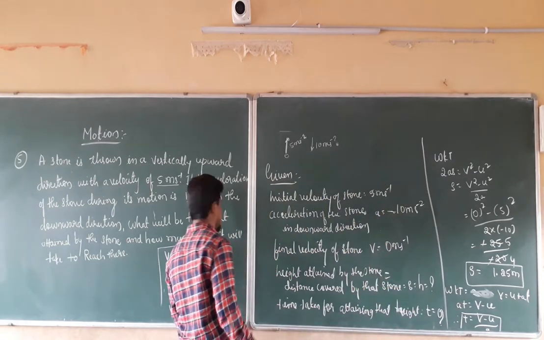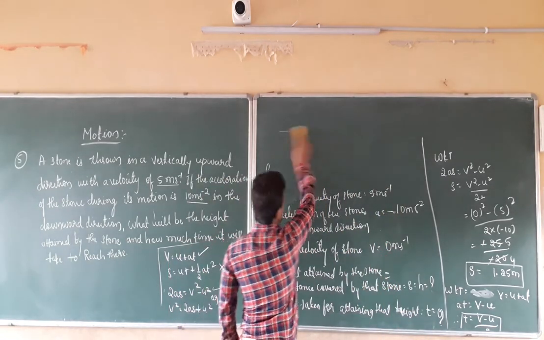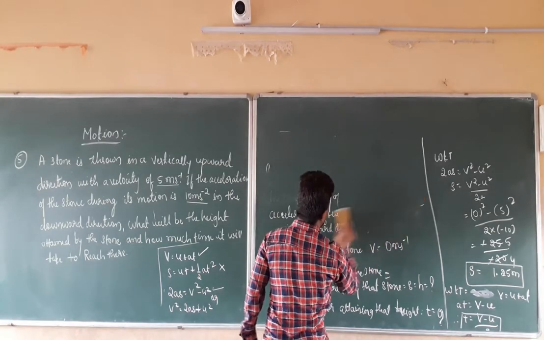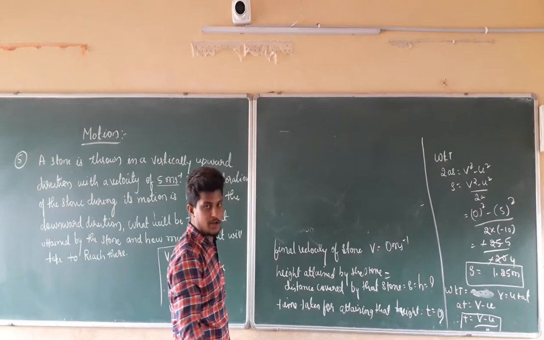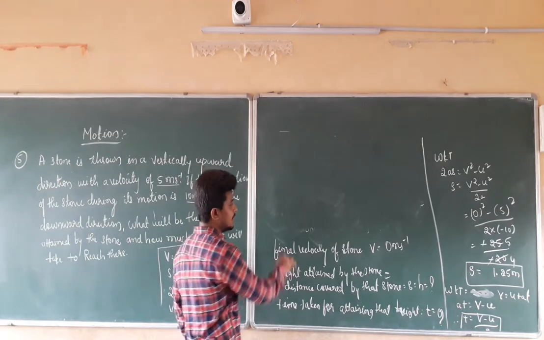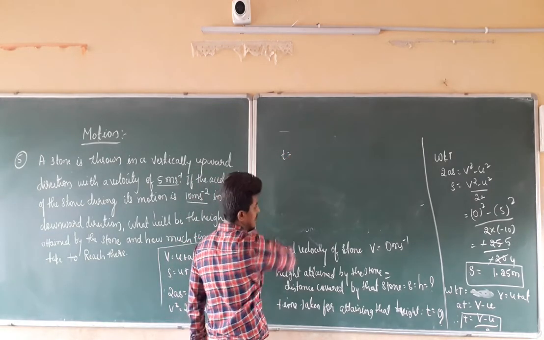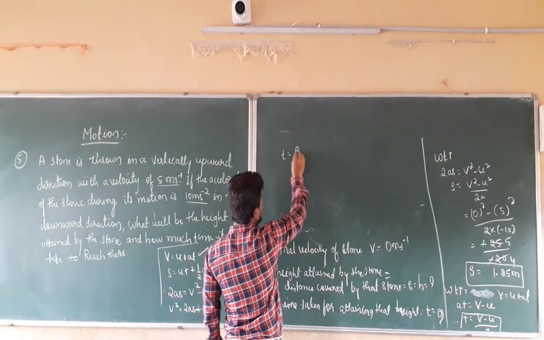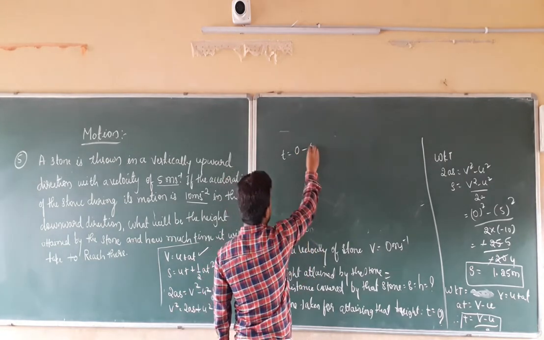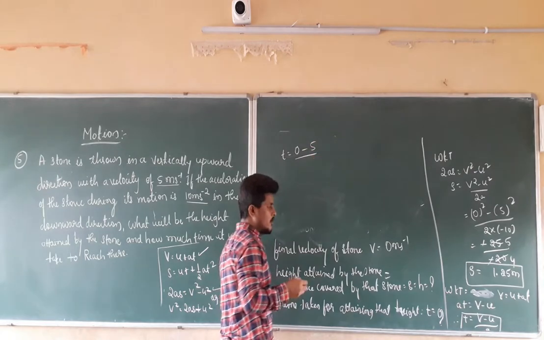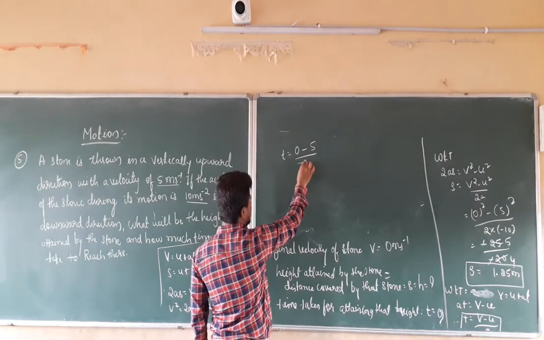T equal to V minus U divided by A, for the calculation of the time taken. So T equal to what is the value of V? V equal to 0. What is the value of U? U equal to 5, whole divided by what is the value of acceleration? That is nothing but minus 10.